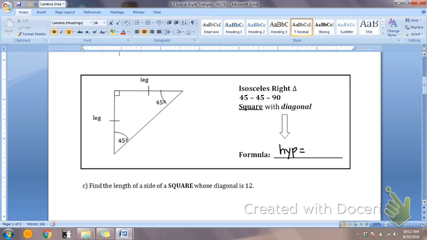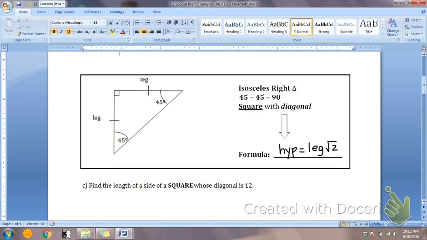The legs, okay? So instead of side, radical 2, we're going to say leg, radical 2. So now that we've used the Pythagorean theorem, let's take the shortcut and use this formula.